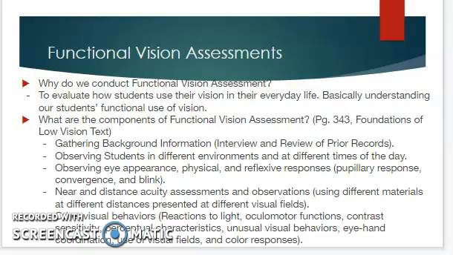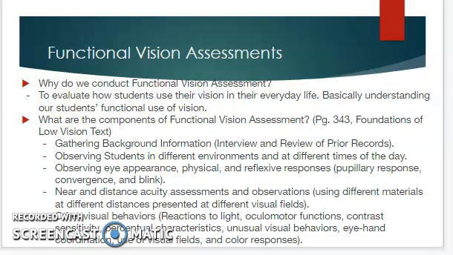And the third is one-on-one. You take your student to a quiet classroom and conduct all of these pieces, which is observing the eye appearance, physical and reflexive responses, which includes pupillary response, convergence, and blink response. And then you will assess the near and distance acuity.